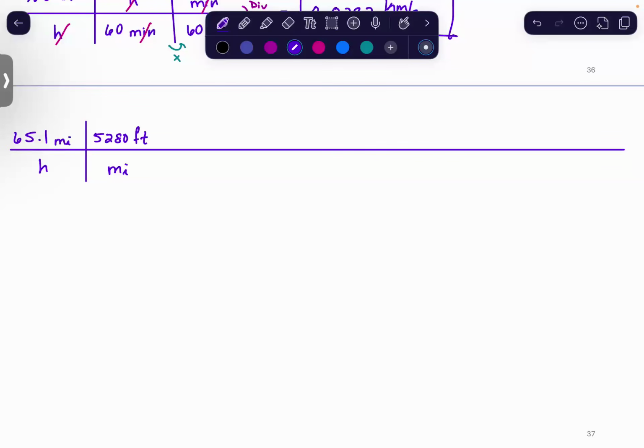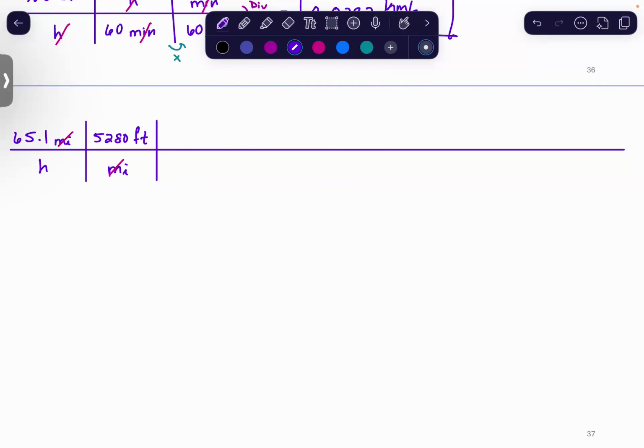So it's 5280 feet in a mile. Miles are gone. And again, I'm just using the conversion factors I remember off the top of my head. You don't have to use these exact same conversion factors. Just make sure you write down what you use in your known quantities at the top of your solution.